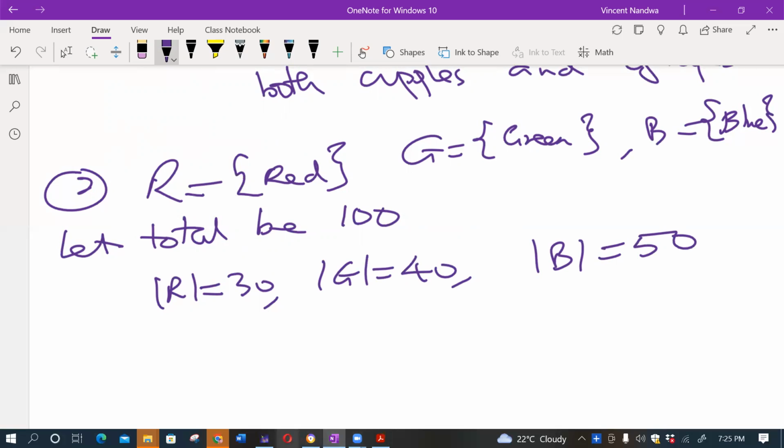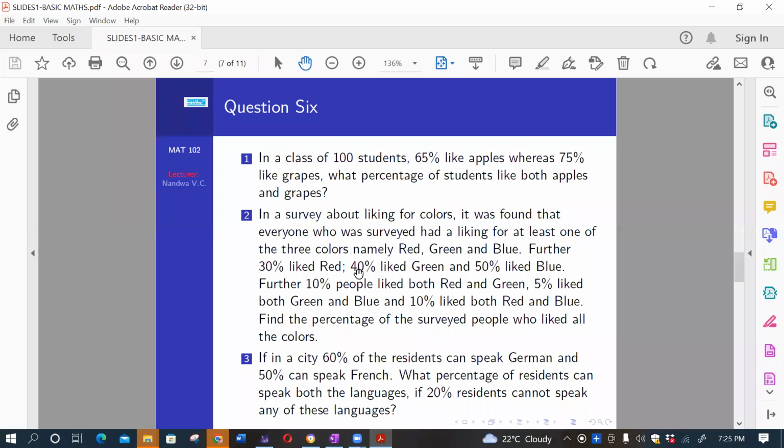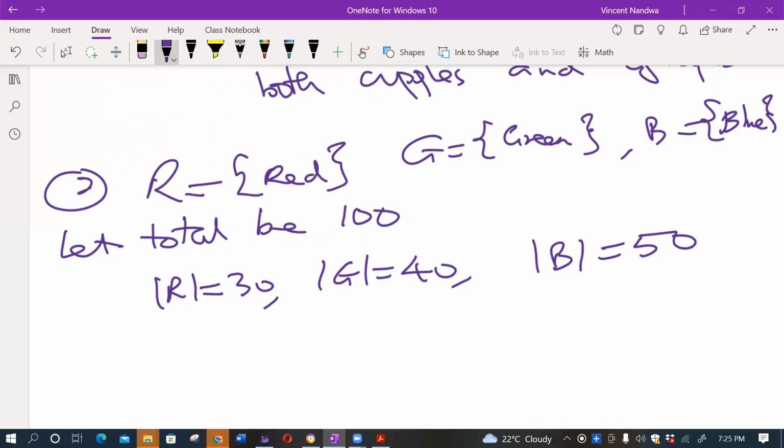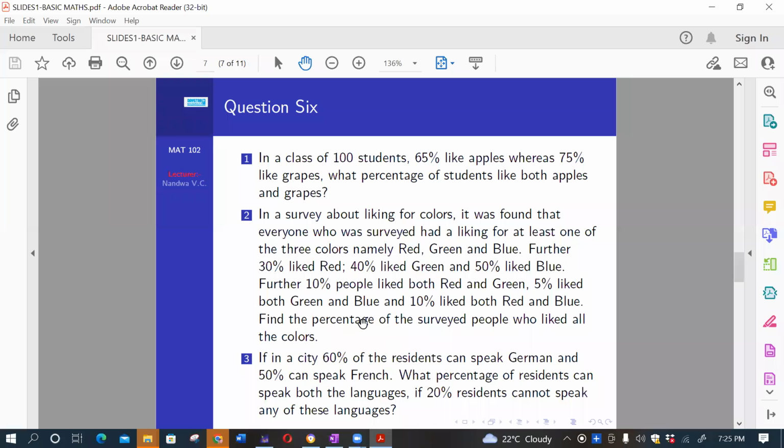Further, we have been told that 10% like red and green. So RG is 10. And 5% liked green and blue.